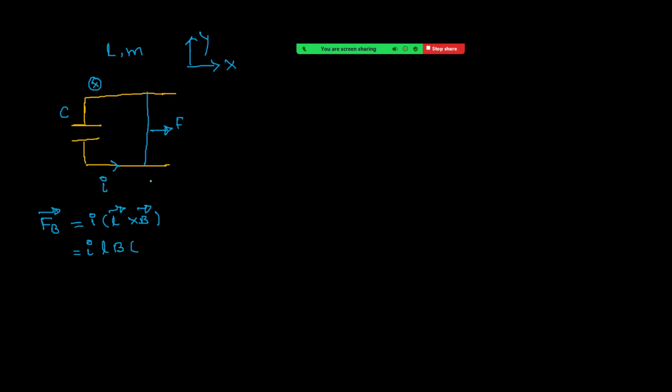The direction of L bar is the direction of current, which is J cap, and the field is minus K cap. See what we get: J cap cross minus K cap. J cap cross K cap is I cap, so this is minus I cap. That means this magnetic force is to the left side.